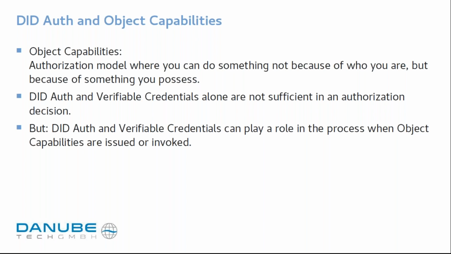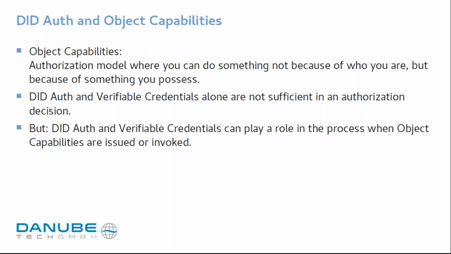But if you're interested, there is very interesting work going on, something called object capabilities. Capability is an interesting authorization model where you are allowed to perform certain actions or to do certain things based on a capability that has been issued to you, and not so much based on who you are. So it's an alternative to a classic access control list model.